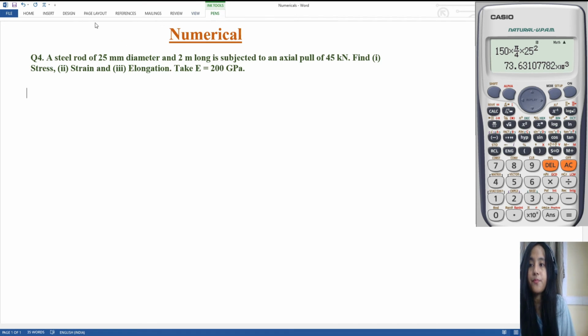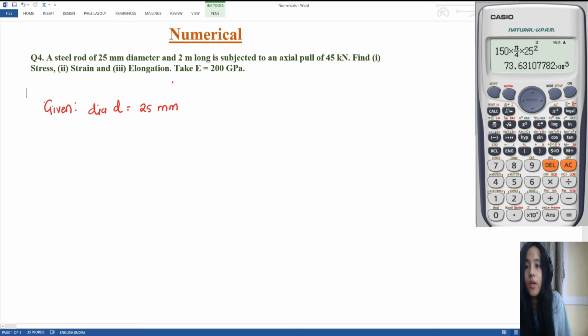So here we need to find, let us first write down what is given from the question. Diameter D of the steel rod is given 25 mm, and the length of the rod L is given 2 meter. Subjected to the axial pull P, given 45 kilonewton.